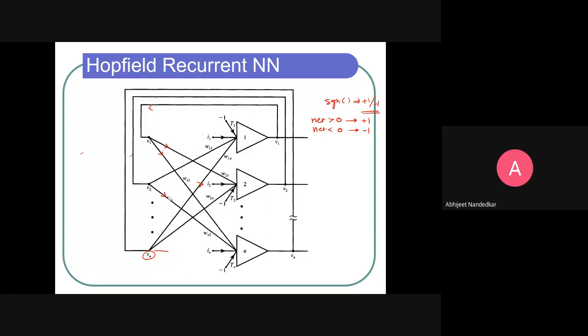So this is something like an energy based system. So we will see the stability of this system in the form of energy, and you will see how this stability is used to store the patterns.